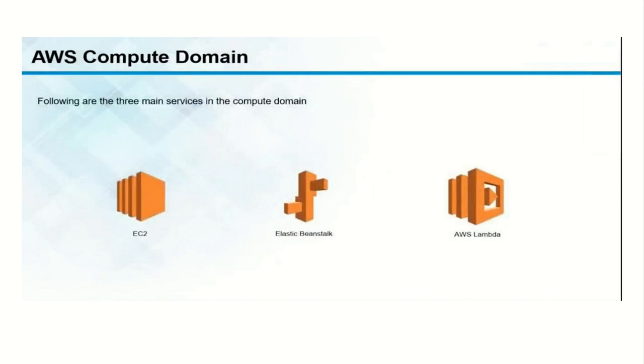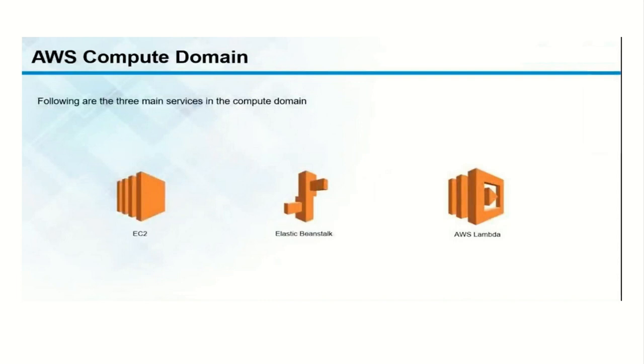Other than that, with AWS Lambda we don't have to choose what kind of server we want depending on our workload. The server configuration is assigned to us, right? So this is why we use AWS Lambda.